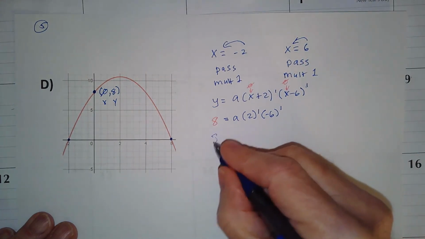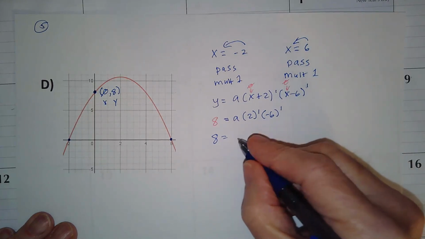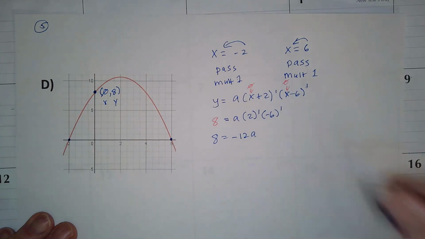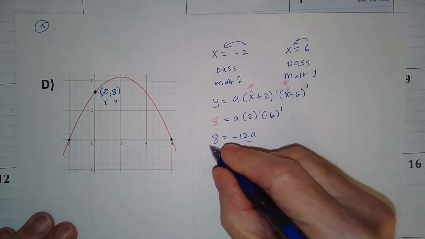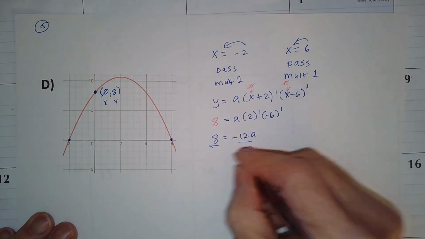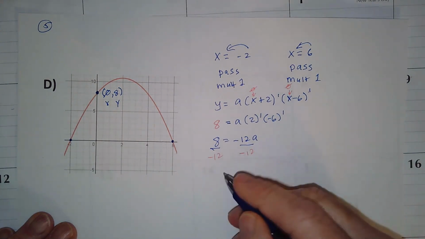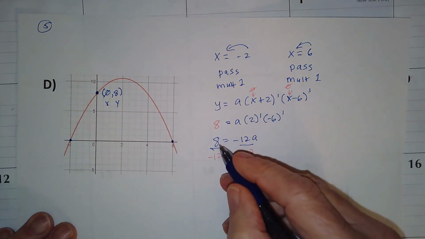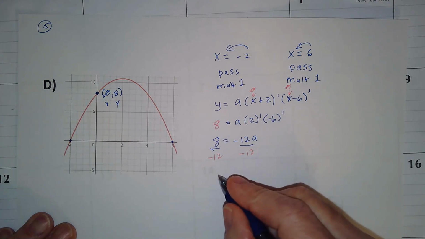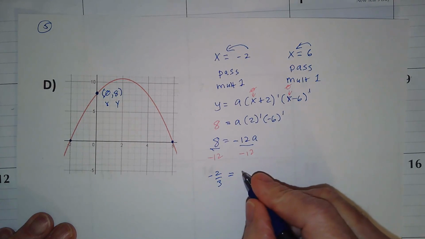So simplifying that, 8 equals, let's see, 2 times -6 is -12, so that's -12a. We're going to divide both sides here by -12. And 8 divided by 12 will simplify to, let's see, both of those you can divide 4 into, so 2/3, and it's negative. So negative 2/3 is going to equal your A.